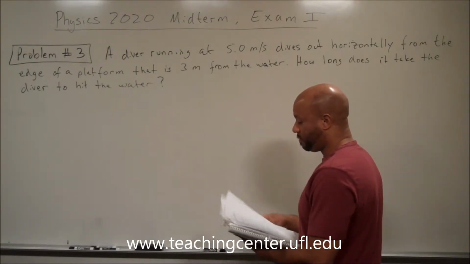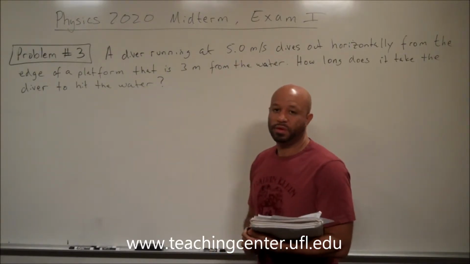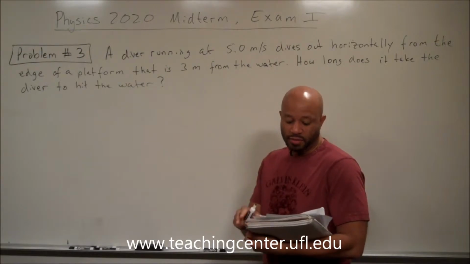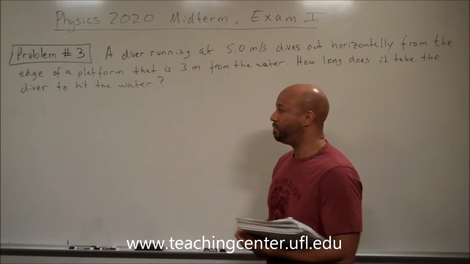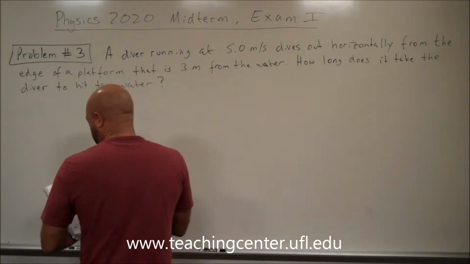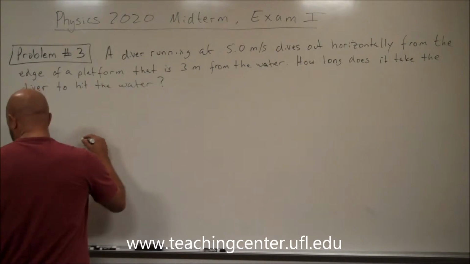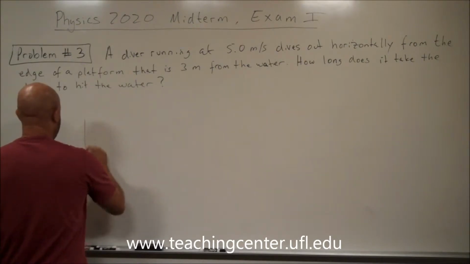Given the information in this problem, sometimes it's helpful for us to draw a diagram in order to give us a better visualization of what's actually happening. This is kind of useful in physics sometimes if you're able to do that. So I'll just draw a quick diagram.